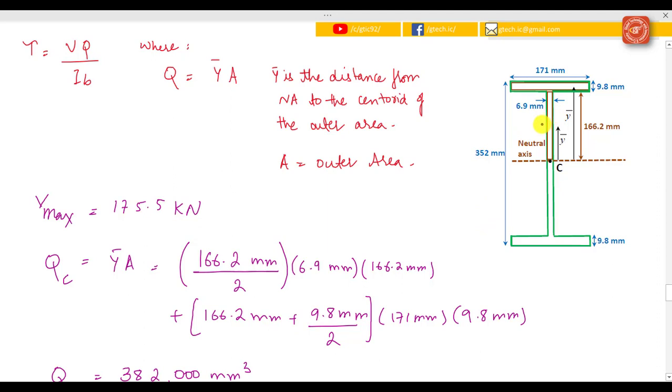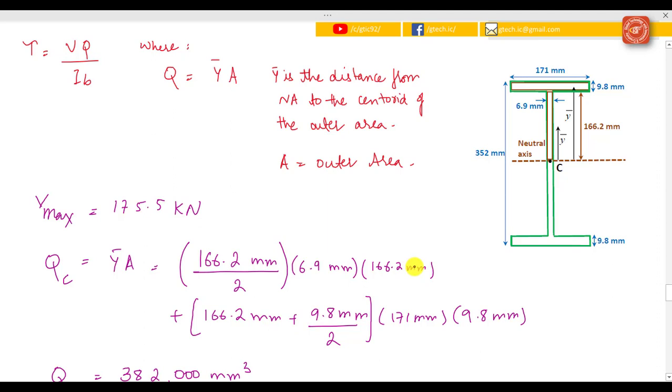millimeter, and so we still need the Q, or our first moment of outer area. In this case we are going to break down the outer area from the neutral surface, or the neutral axis, into two standard shapes. The first one is the web portion here, and so the y bar to its neutral axis is 166 divided by 2, times its area, which is 6.9 times 166.2 millimeter.